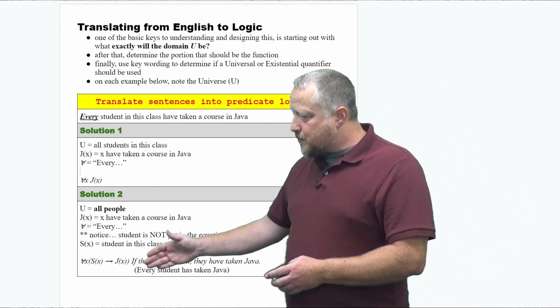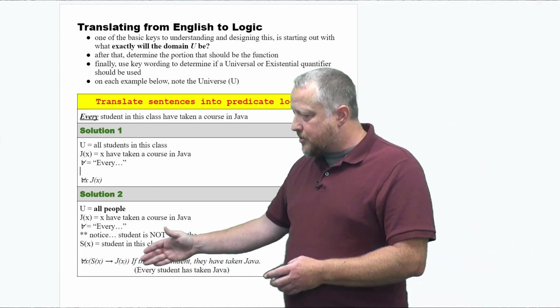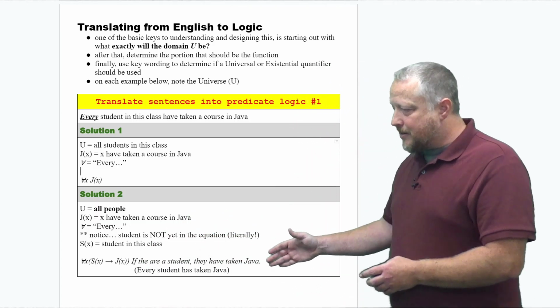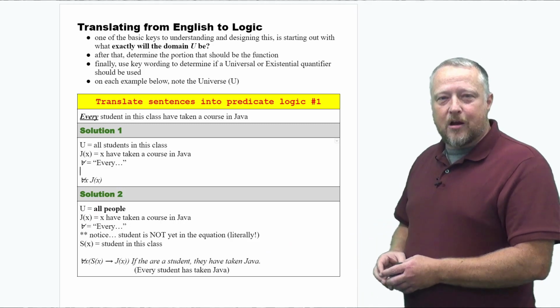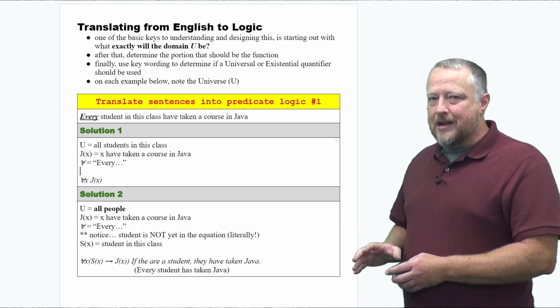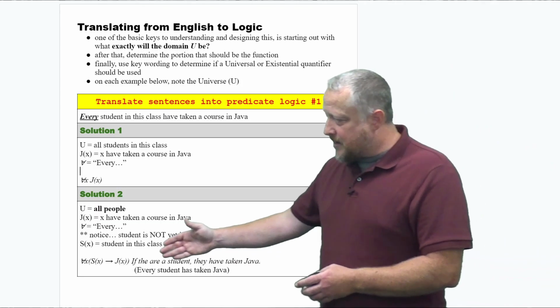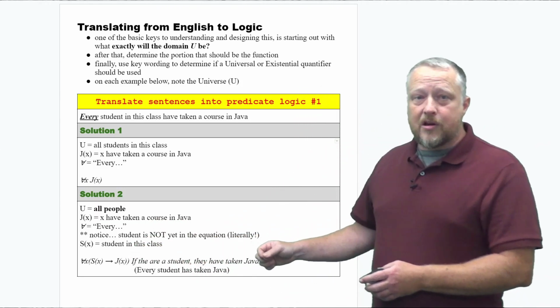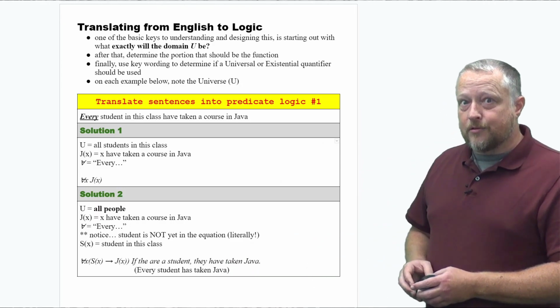So we had to specify that it was going to be a student, and then if it was a student, then they had taken Java, and that's basically what I'm just reading off here. So notice, very different answer, and we even have the implication because, again, we're looking for a specific student. That's the crazy part. Wait for example 2.